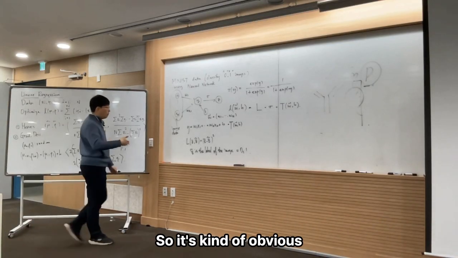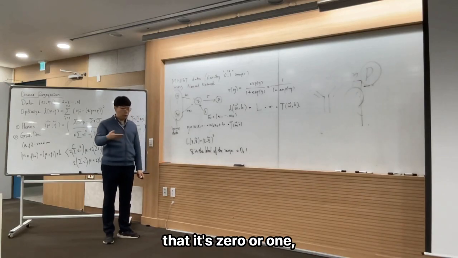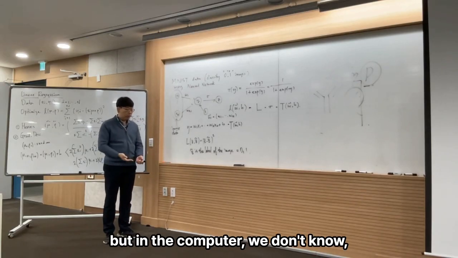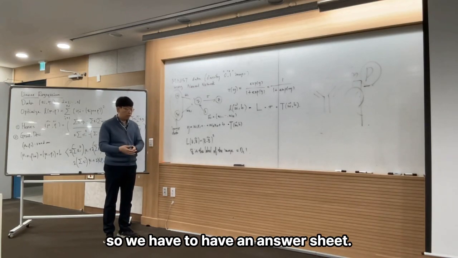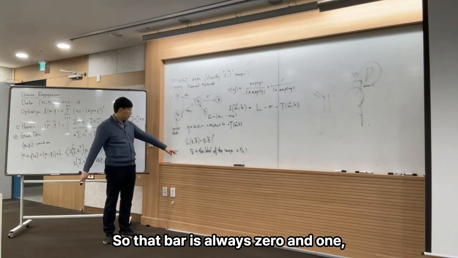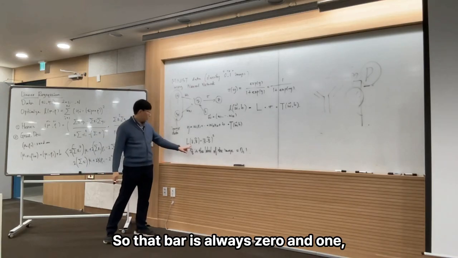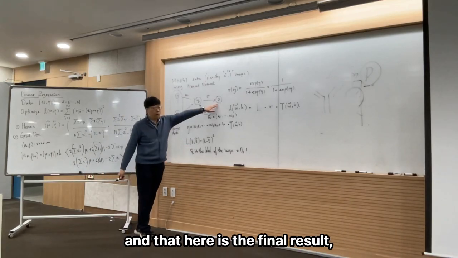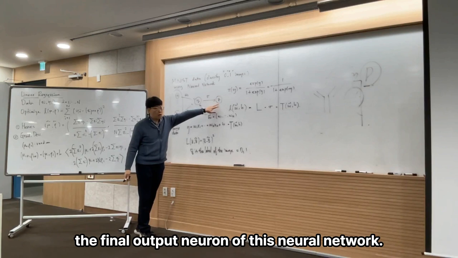It's kind of obvious when you see the image that it's 0 or 1, but the computer doesn't know, so you have to have an answer sheet. So z tilde is always 0 or 1, and z here is the final result, the final output neuron of this neural network. So that's L.